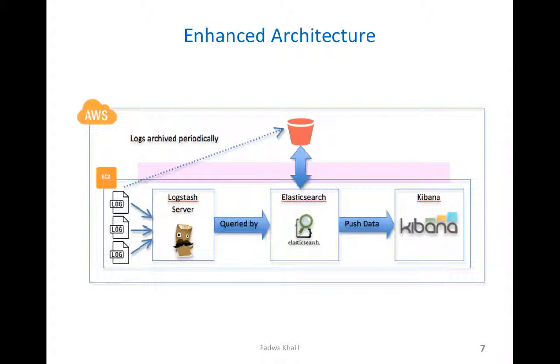Because we can be limited by the amount of storage available, I came up with a solution: archive all raw syslogs into an Amazon S3 bucket and delete them, along with the processed data, from the Logstash syslog server after a specific period of time of being indexed and searchable with ELK, maybe by creating a cron job or some other process. In the event that there was an audit or a security incident, we need to get a hold of the old data. So we can ingest syslog files from Amazon S3 into Elasticsearch using the Python API. My enhanced architecture would look like this with the addition of Amazon S3.